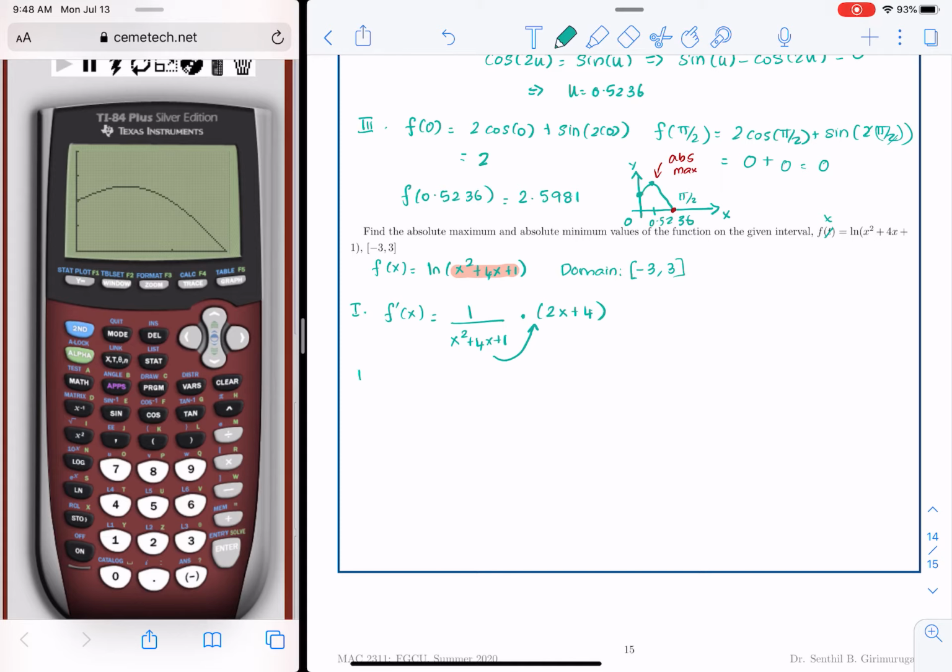Next step, we set that equal to 0 and solve for the critical number or critical value. Which would imply 2x plus 4 divided by x squared plus 4x plus 1 equals 0, which would mean 2x plus 4 is equal to 0.